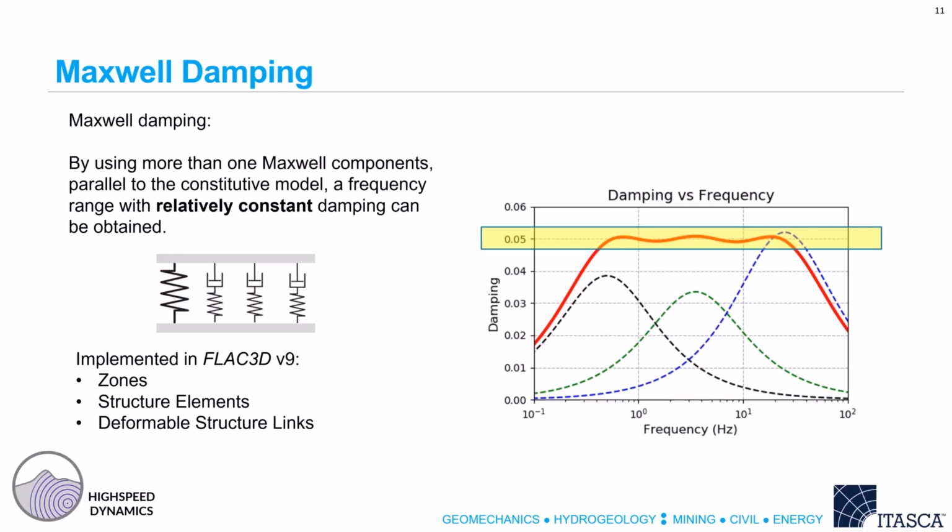However, with the combination of the 3 dashed lines, we have the combined damping ratio represented by this red line. We can see that we almost have a constant 5% damping ratio over a wide range of frequency, for example, from 0.5 Hertz to 25 Hertz. In FLAC3D version 9, we implemented Maxwell damping for zones, structural elements, as well as deformable structural links.